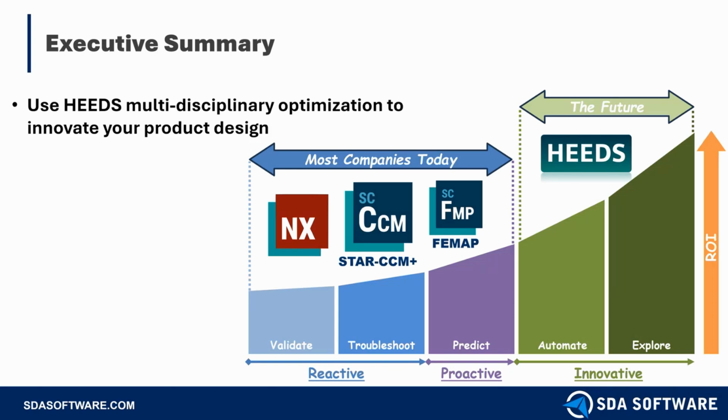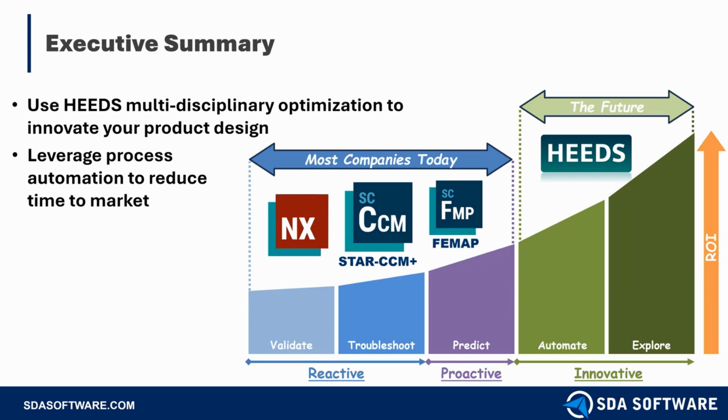The first key takeaway for today is you can use HEEDS for any multidisciplinary optimization to innovate your product. HEEDS is really strong at process automation so that you can save time and reduce time to market, so you win the race, or you just deliver a better product in general.